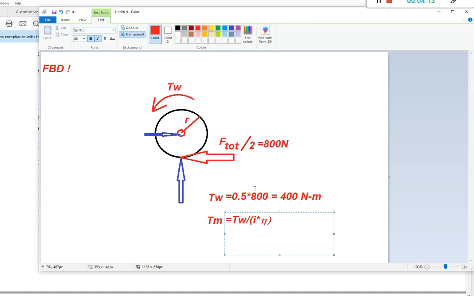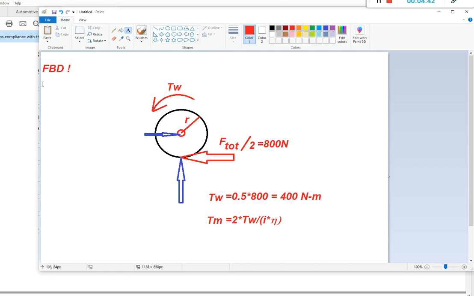Oh, and one more thing, because this is just one wheel, I need to multiply by 2. So the calculated wheel torque multiplied by 2, because we have two driving wheels. At the crankshaft, the torque is reduced by the transmission ratio, but it gets amplified, so that efficiency, which is less than 1, needs to act to where it's increasing this torque. So that's why I'm dividing with. Okay, so this is it. Don't forget, free body diagrams.